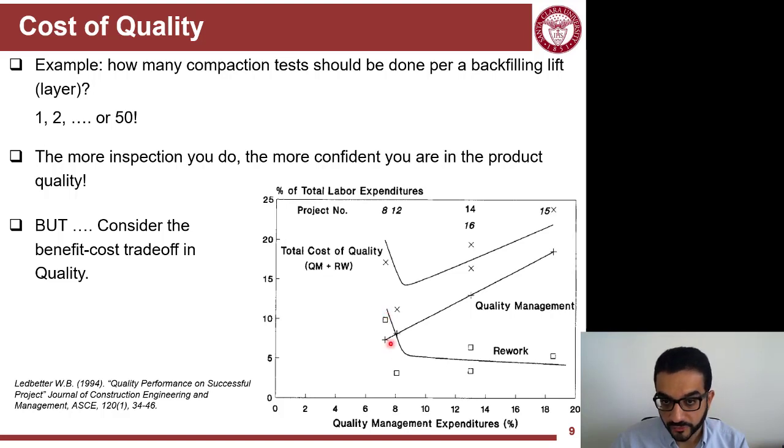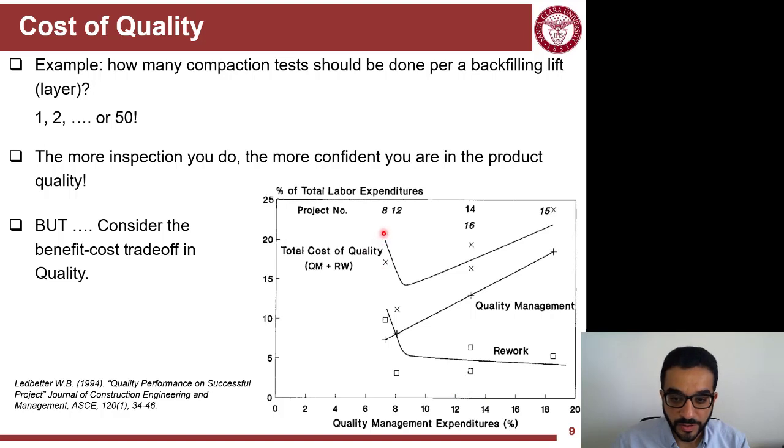So this is the lower quality effort side. But the more effort you put into quality, the cost of your quality management team and processes goes up, and it's linear. But the rework, as you see here, goes down. The possibility of rework goes tremendously down when you put in a little effort in the beginning. But the more effort you put in, it doesn't pay off that much.